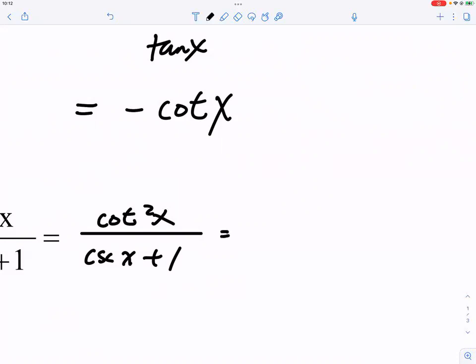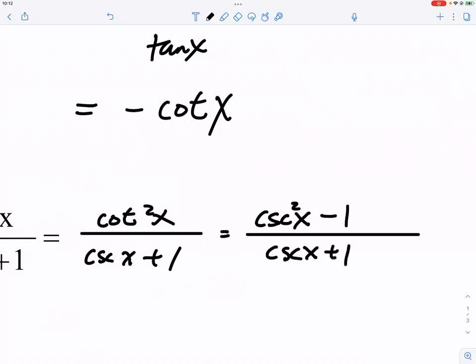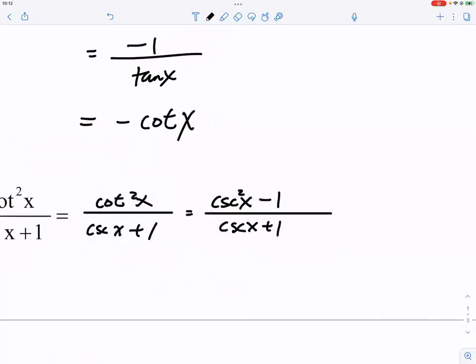A couple of things you can do. I will show you an easy one. Well, what's cotangent square x? If you have the identity known, stored in your head, that's what it is.